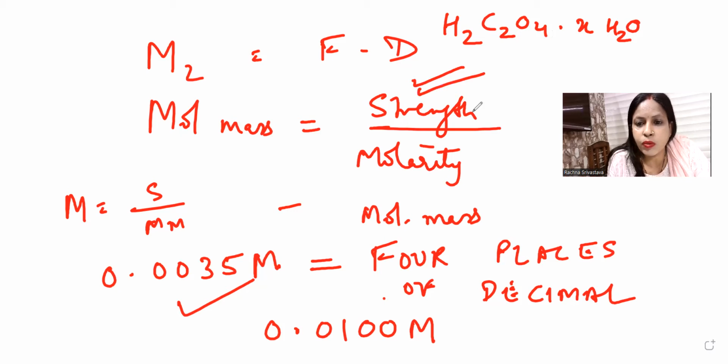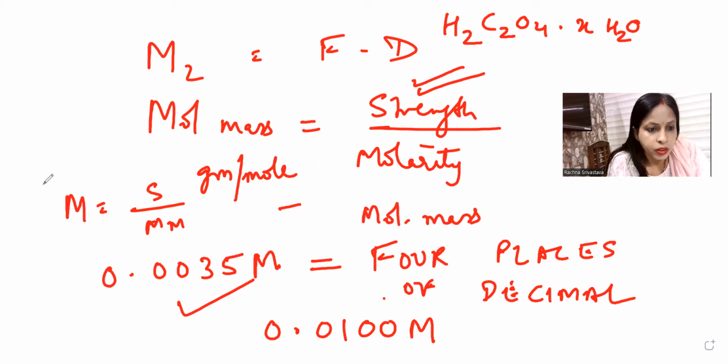So you have to use this formula, strength upon molarity. Molarity for oxalic acid, you have calculated from the second part. You will substitute, strength is given in the question paper. You will get the molecular mass. Now here, the unit for molecular mass will be gram per mole. This is required. So this is your third part.